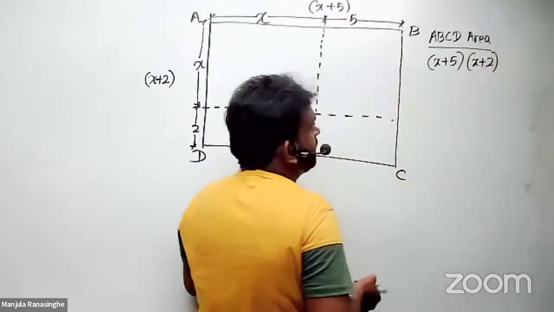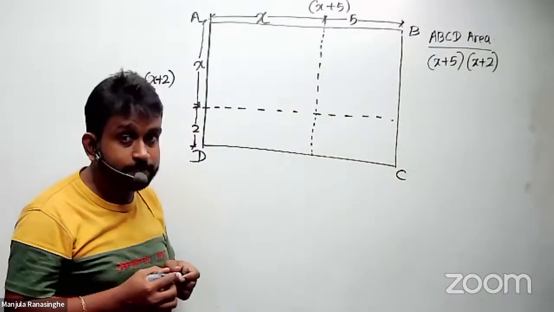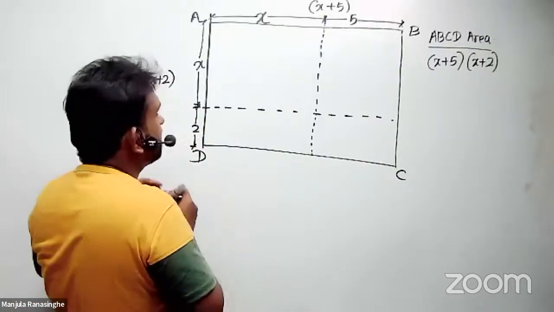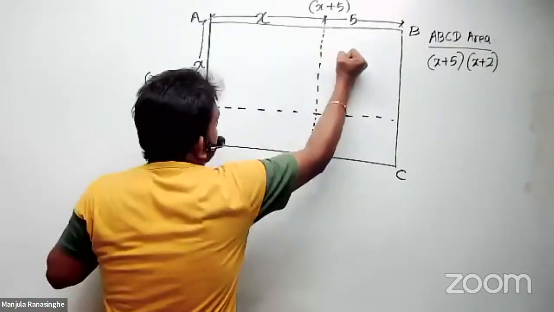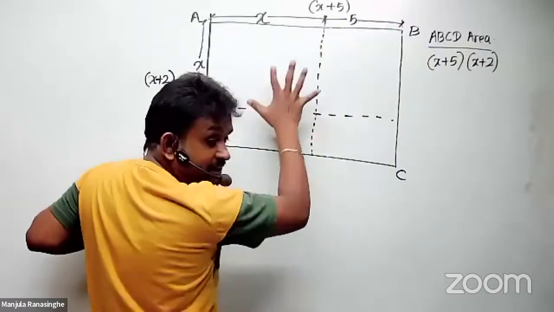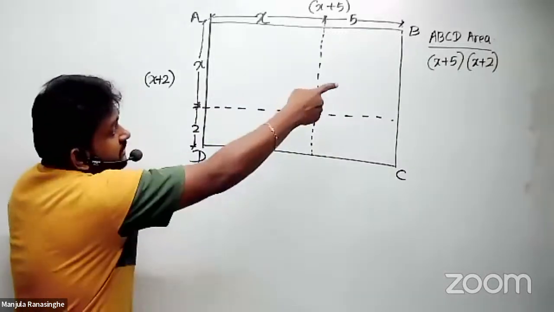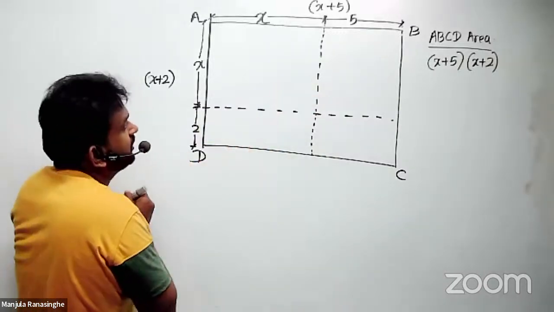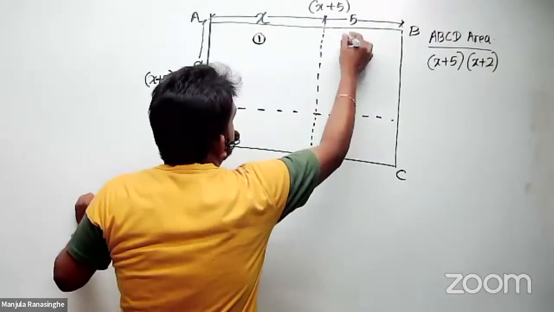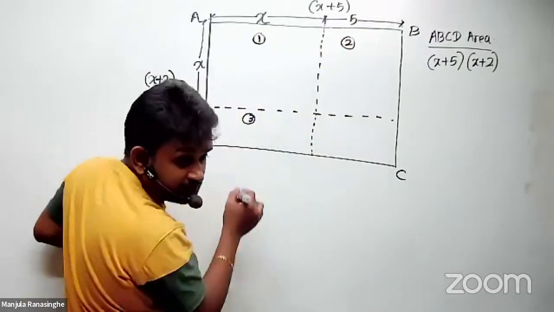So that is the area of the ABCD rectangle. Further, I can take the area of ABCD by adding these four pieces together. The sum of the area of the four pieces gives you the ABCD area too, right? So I now write this part as 1 and this part 2 and this part 3 and this part 4.